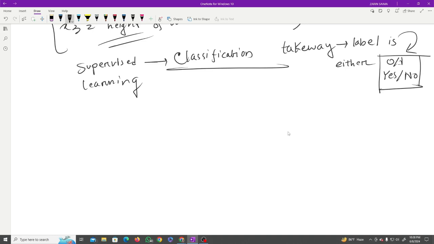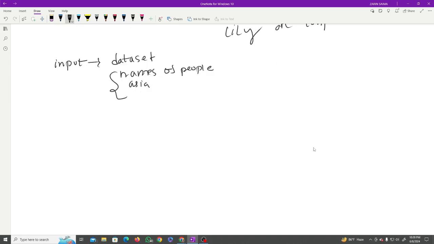Okay, let's talk about some examples so we can learn it more nicely. Suppose in your input values you give a data set which is about names of people in Asia. We can see that mostly in Asian countries, a girl's name has A in the last letter.